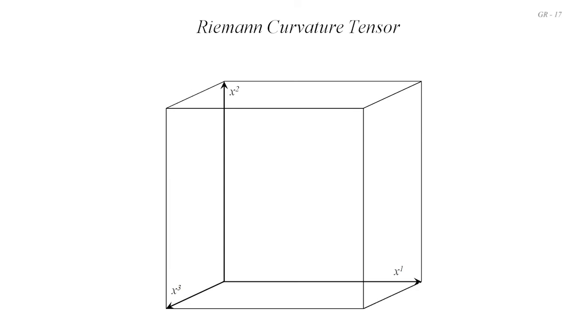Think, for example, about a 3-dimensional space, not space-time just yet, simply a 3-dimensional space. Here's one which is bounded with a box for convenience, x1, x2 and x3. If we chose this point, this red dot, at which to measure the curvature of this space by taking a vector around a loop, then there would be 3 independent loops that we could take.